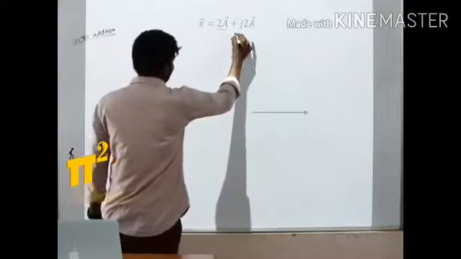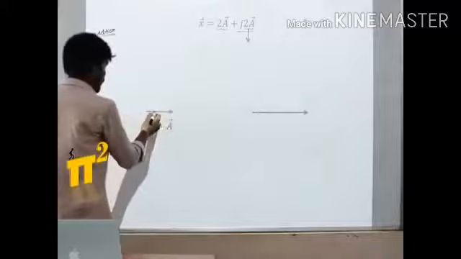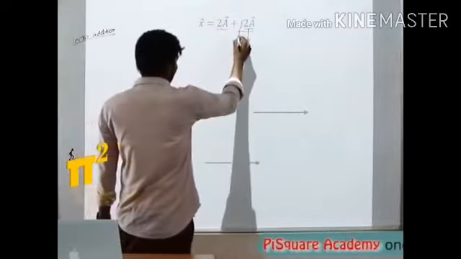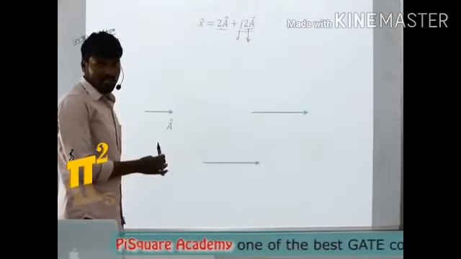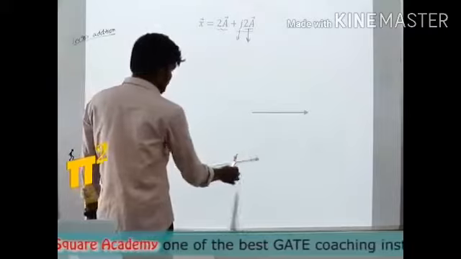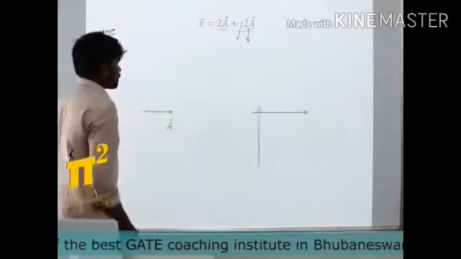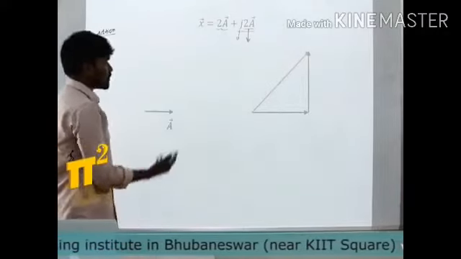Now here in the second term, let's take 2a, again little longer, and we multiply with j, means counterclockwise 90 degrees. Let's add them. And this is the resultant, x. So this is addition.